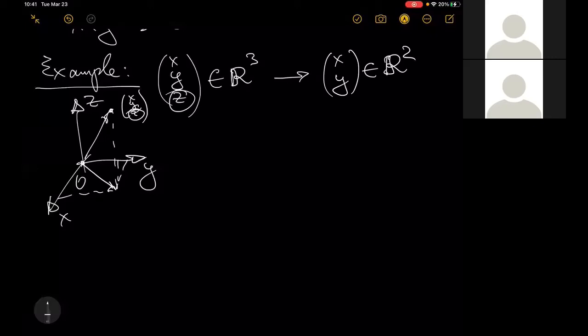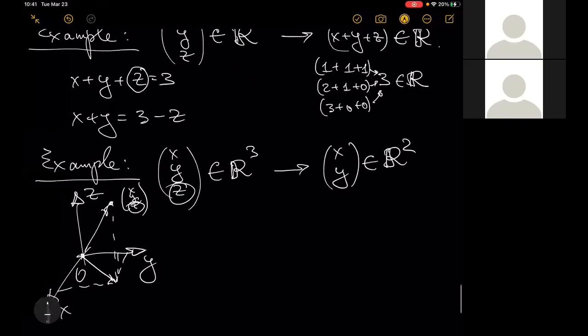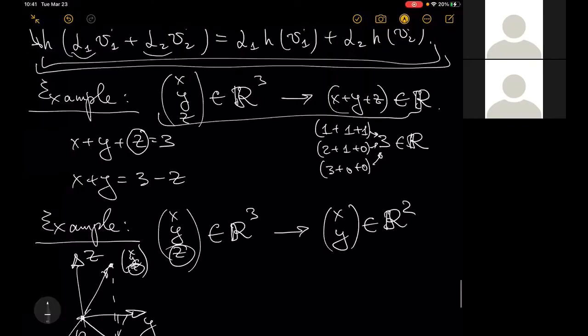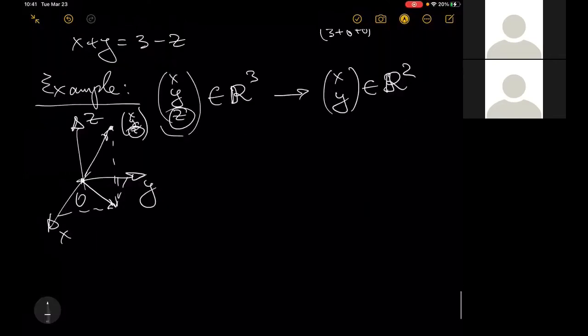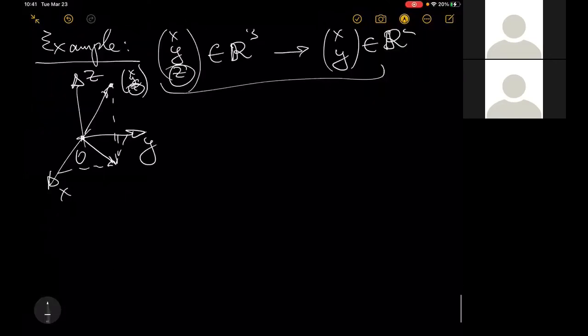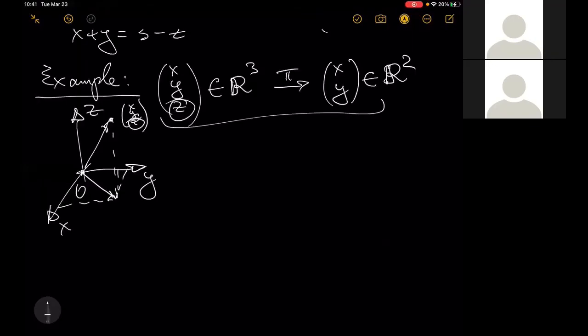Okay, so to show that this one is a homomorphism is very easy. So let me do it for this one. So first, let me call this map pi.